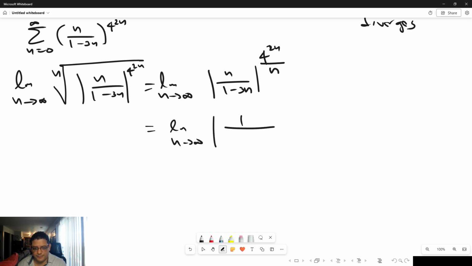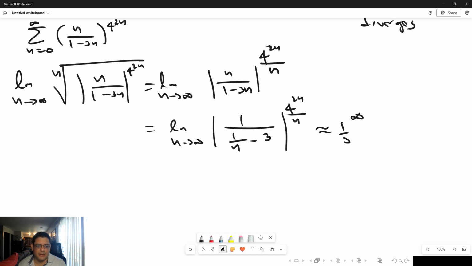This will be 1 over n minus 3. So this is going to a number like 1/3 to the infinity, which is kind of like an indeterminate form.